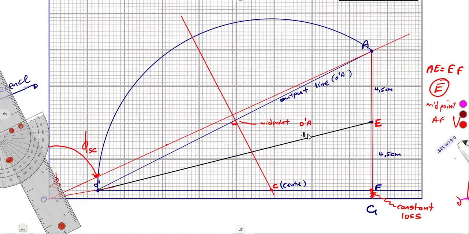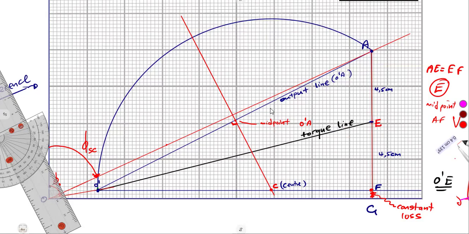So we have got the torque line from O bar to point E. From A to E is the rotor copper loss at standstill, E to F is the stator copper loss at standstill, and F to G is the constant loss. I talked about this in our introduction.